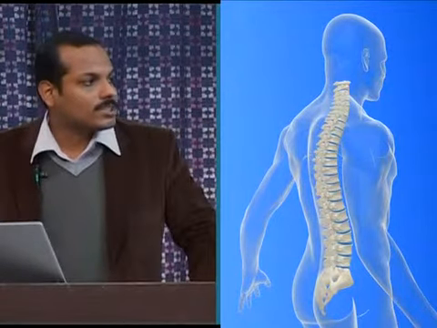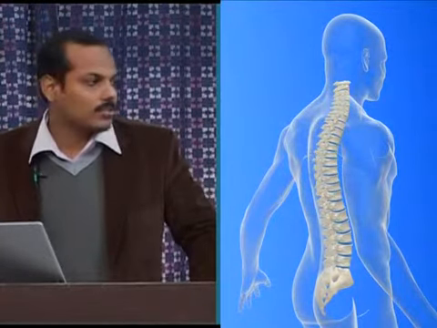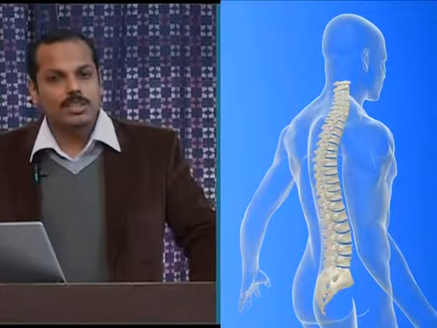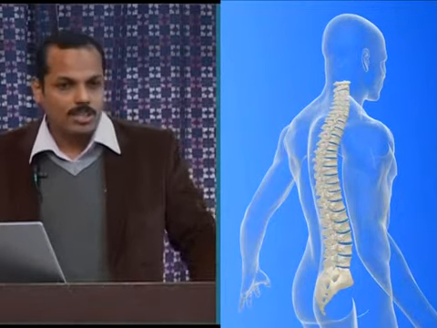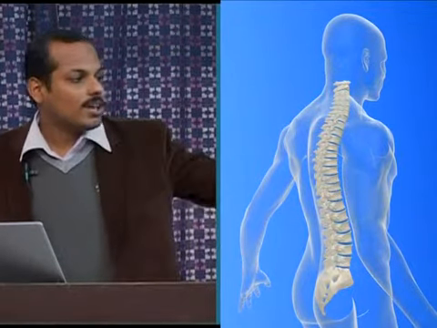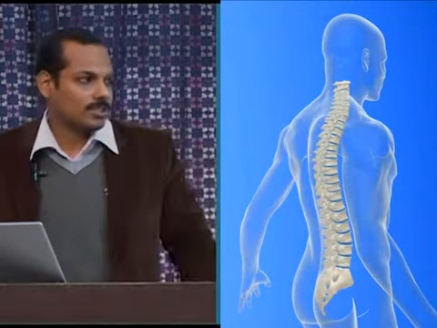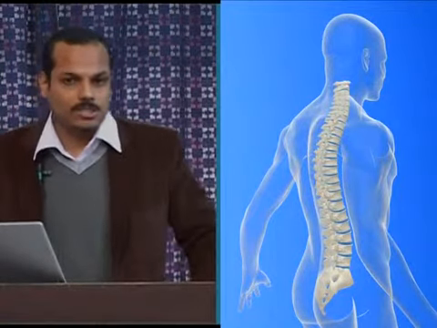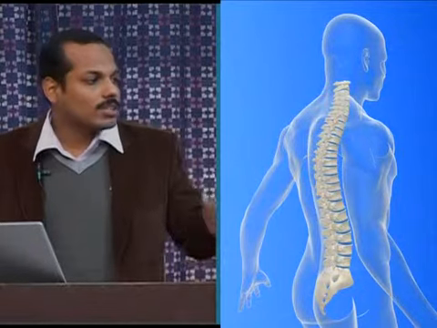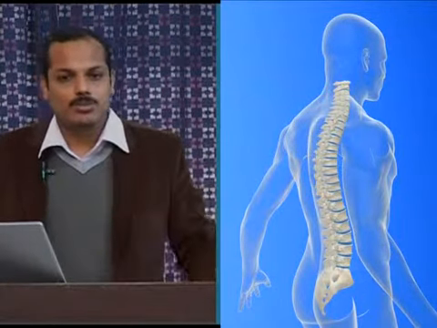In the thoracic region, there is a convex posterior curvature. In the lumbar region, again there is a concave posterior curvature. In the sacral region, there is a convex posterior curvature. The main advantage of these curvatures is that they can resist high compressive loads.